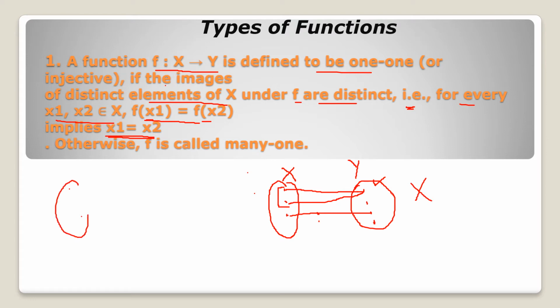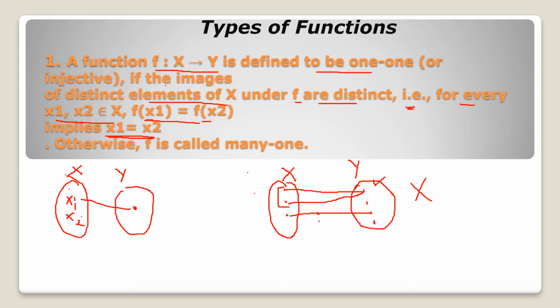If this is one set and this is another set, and we have defined a function from set x to set y, and let this be x1 and this be x2. So we are saying, if f of x1 is equal to f of x2.